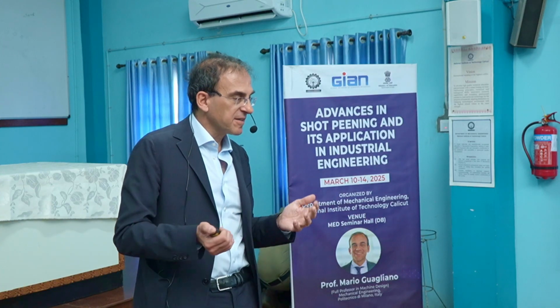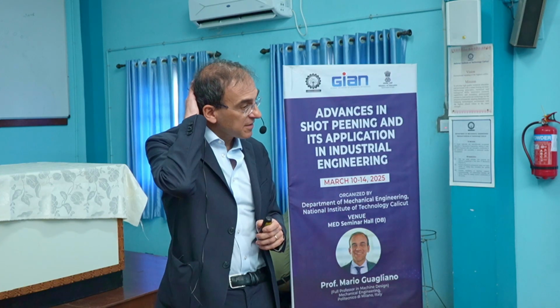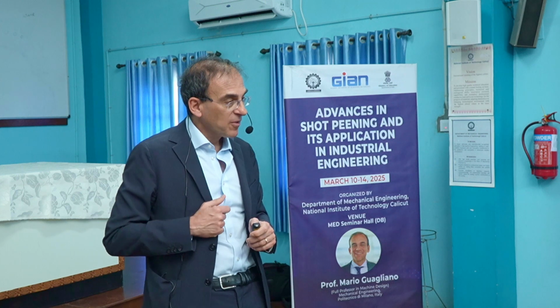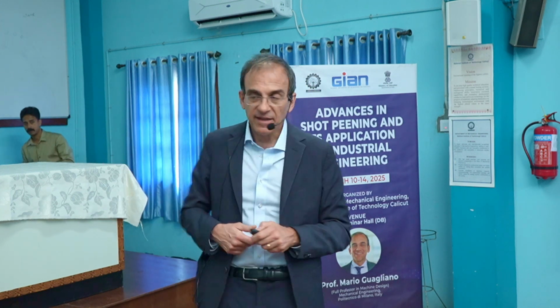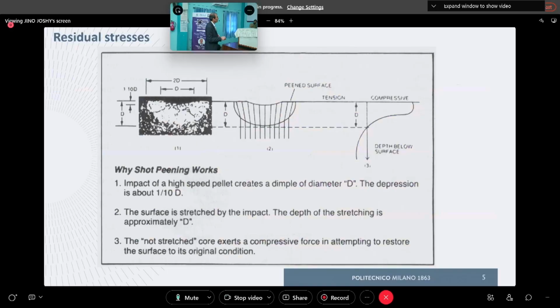Okay, and this is another way to see a similar concept. What can we see here? Here we can see an indentation, a surface that has been peened just at a single point. This is a peened surface. We have a depth D that is influenced by the stretching.